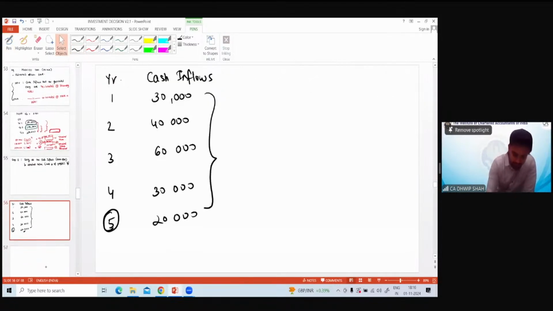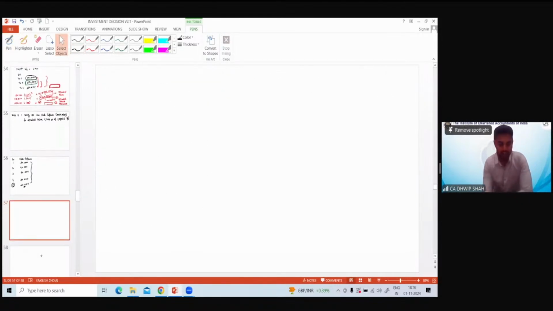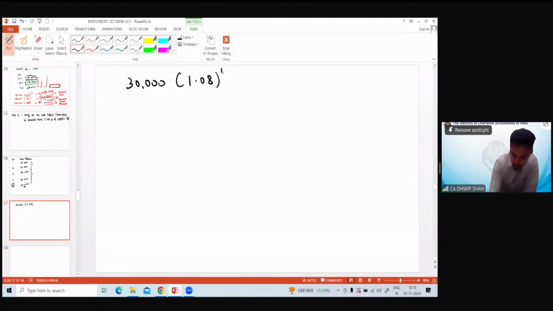So can I say this 30,000 that I have earned at the end of year one, I would reinvest at 8% for another 4 years? Yes or no? This 30,000, I would reinvest for another 4 years, meaning 30,000 plus 8% plus 8% plus 8% plus 8%.